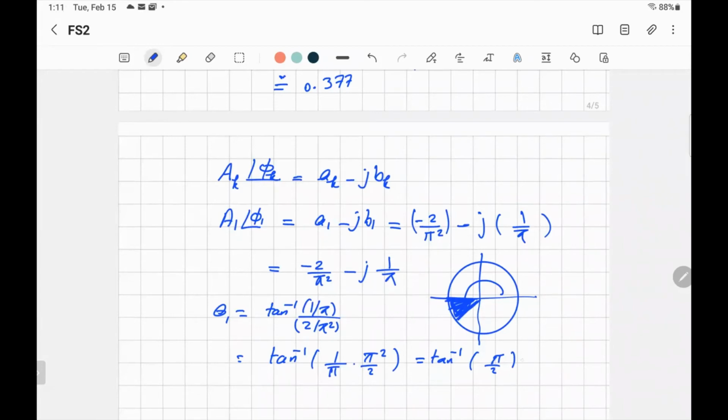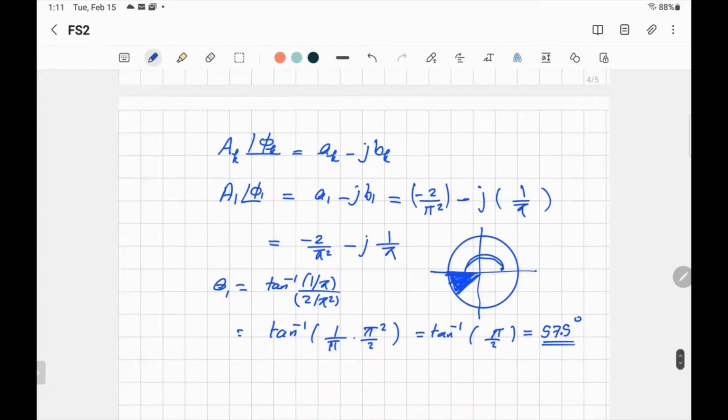That's equal to 57.5. That's not the phi, that's the theta. We call it the basic angle. So what is the real angle? It's 180 plus theta, right? So now we can write phi 1, because phi 1 is up to here, up to cover this one.